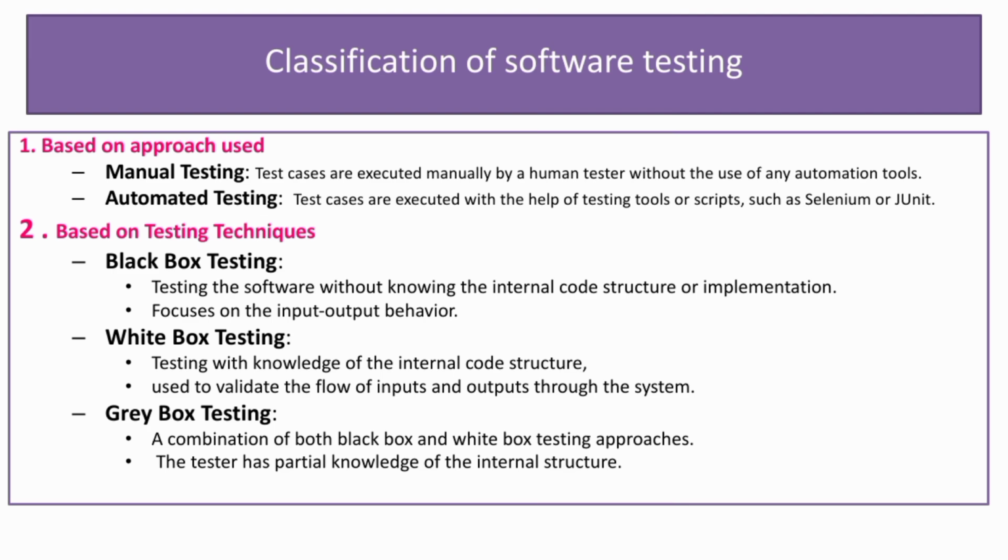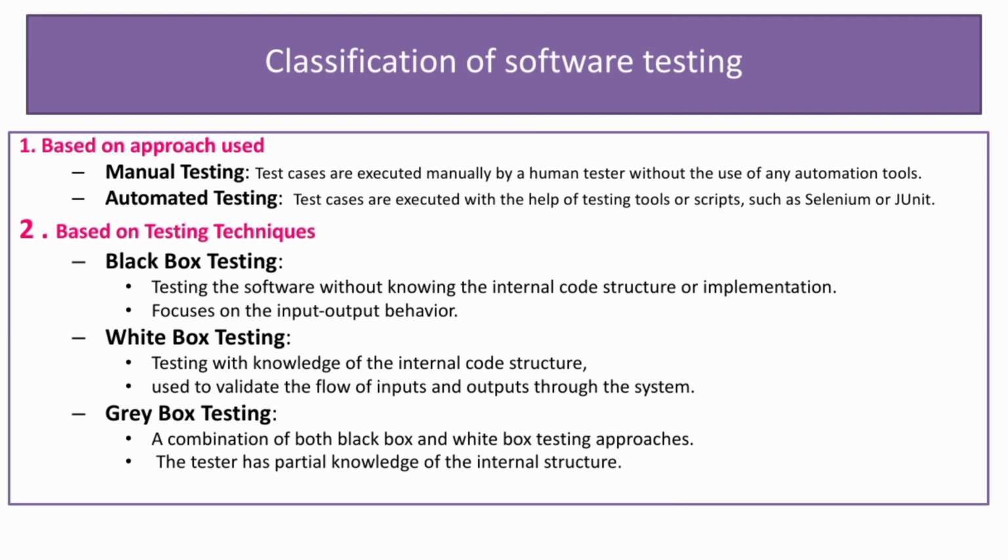Or with JUnit, we can test the softwares. Particularly for web page testing, we go for the Selenium automation testing tool, and similarly JUnit for other applications. These are the two methods, that is, the classification based on the approach we are using: manual methods or automation methods.